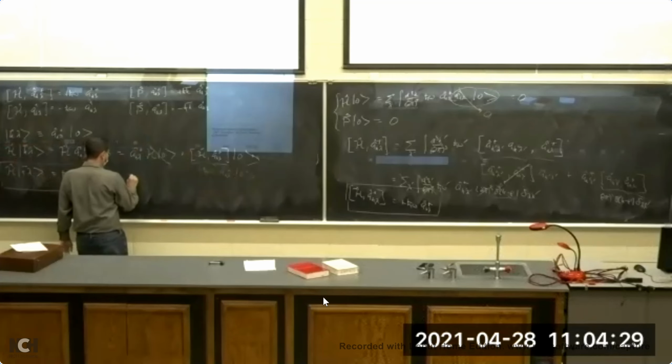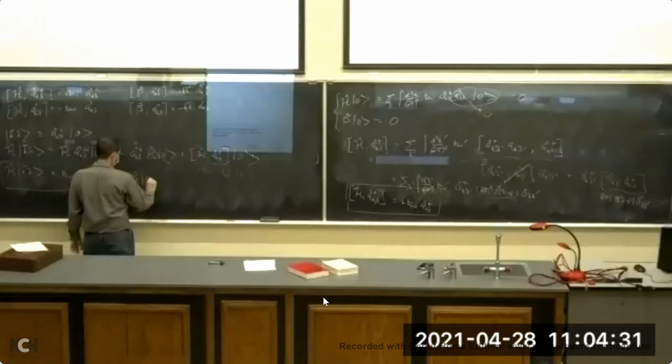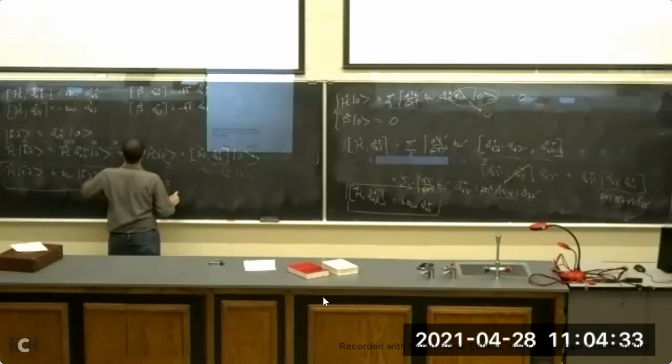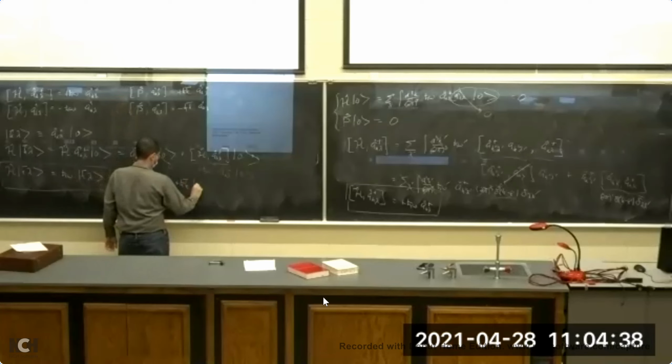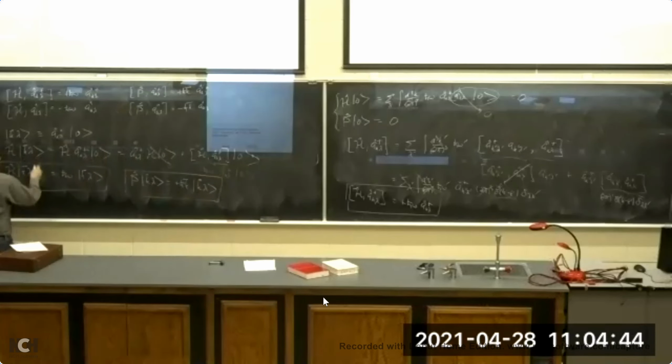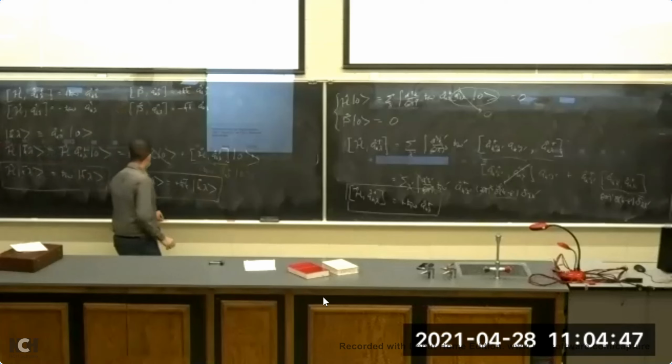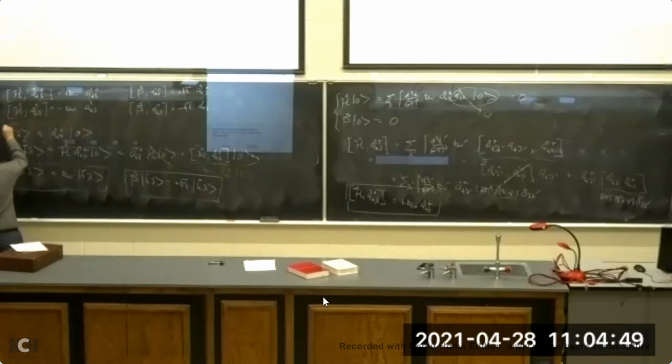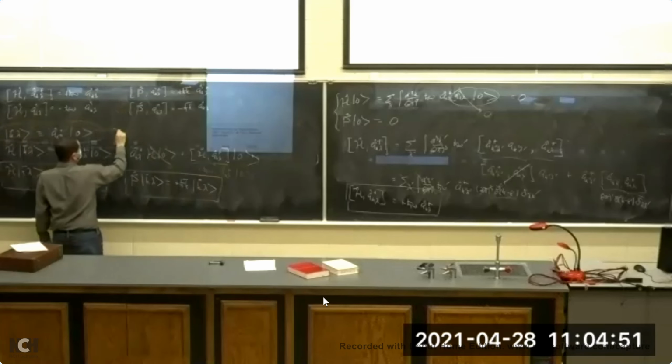In exactly the same way, the momentum operator acting on the state k lambda, because it has the same commutation algebra, is h bar k times the same state. So that means that this state, the one that I get by letting the creation operator act on the vacuum, is the single particle state.